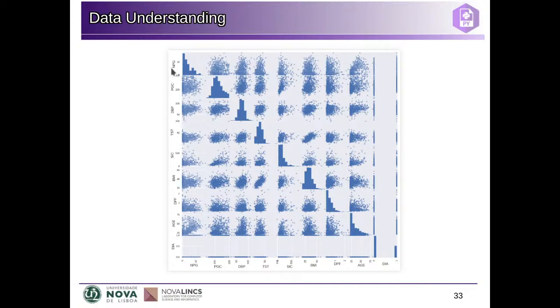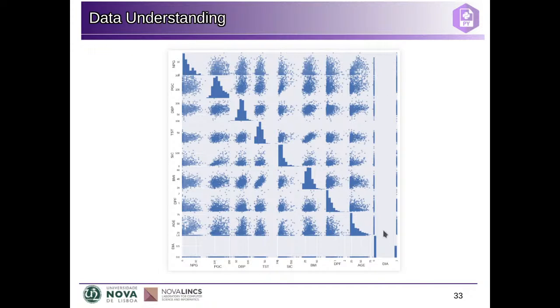For example, number of times pregnant with plasma glucose concentration, or age, or things like that. And you can see that some seem to be correlated, others don't have much correlation. Note that diabetes is only 0 or 1, so you get a bit of a strange effect in this case.